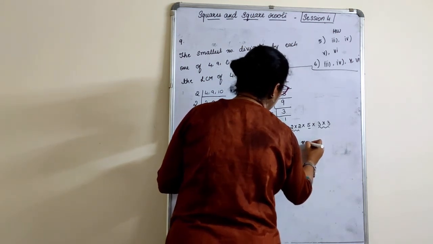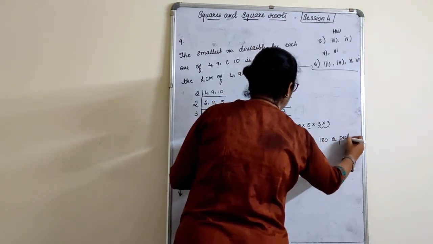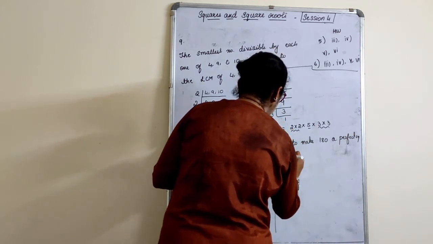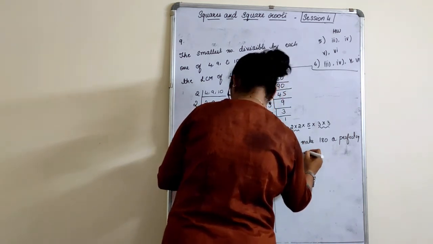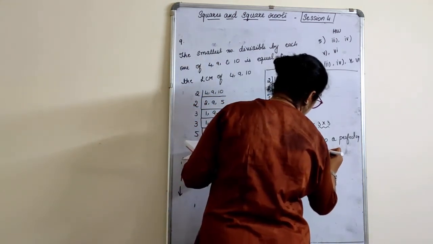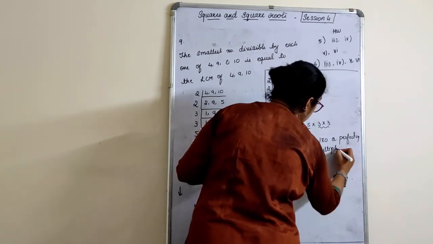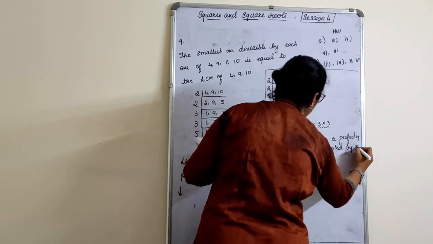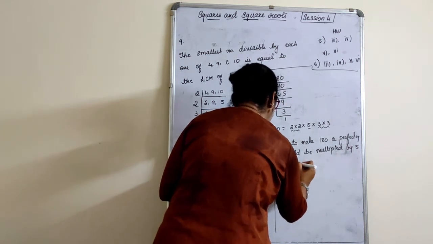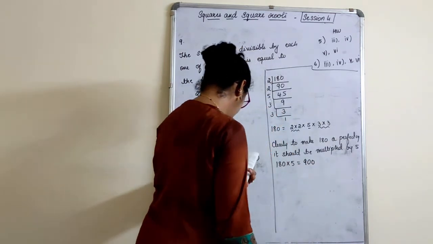So what we can write here is clearly, to make 180 a perfect square, it should be multiplied by 5. 180 into 5, 18 5s are 90, so 900.